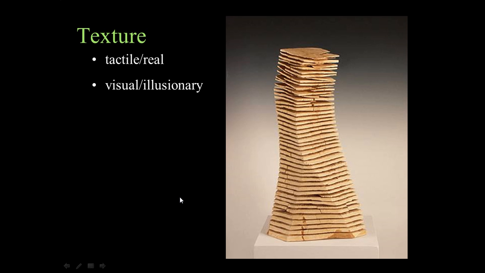An example I use quite a bit is a piece of sandpaper versus a photograph of sandpaper. You look at both, you can see the roughness of the texture, you can feel it when you touch the real piece of sandpaper, but with the smoothness of the paper of the photograph, you can't feel any roughness to it. So the texture there is illusionary. It appears rough, but it doesn't feel rough.